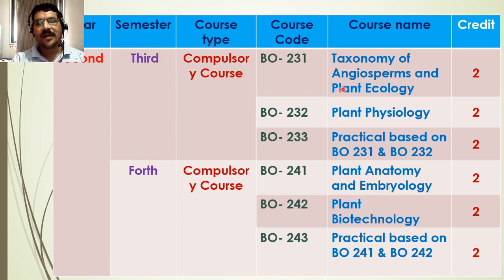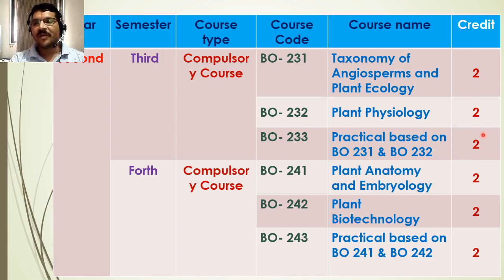This semester also contains 3 subjects like the first year semesters. So the first subject is taxonomy of angiosperms and plant ecology. The second subject is plant physiology. The third subject is a practical based on these 2 subjects. So the structure is totally similar to the FY syllabus, but one thing is different here: the practical of second year third semester has 2 credits.